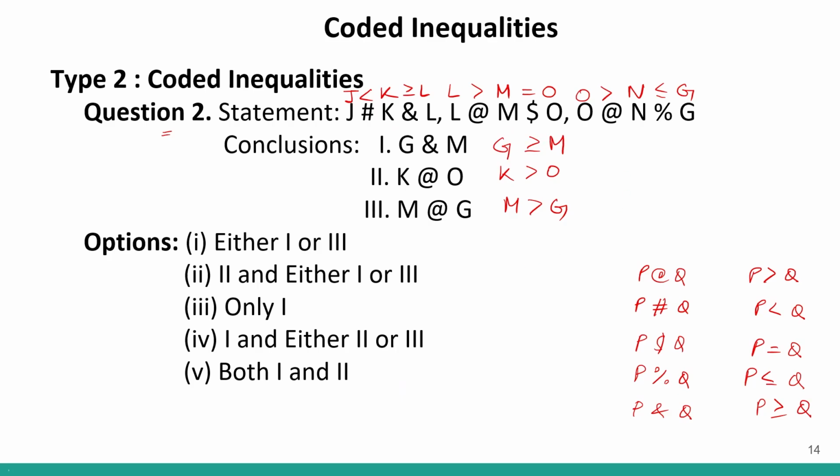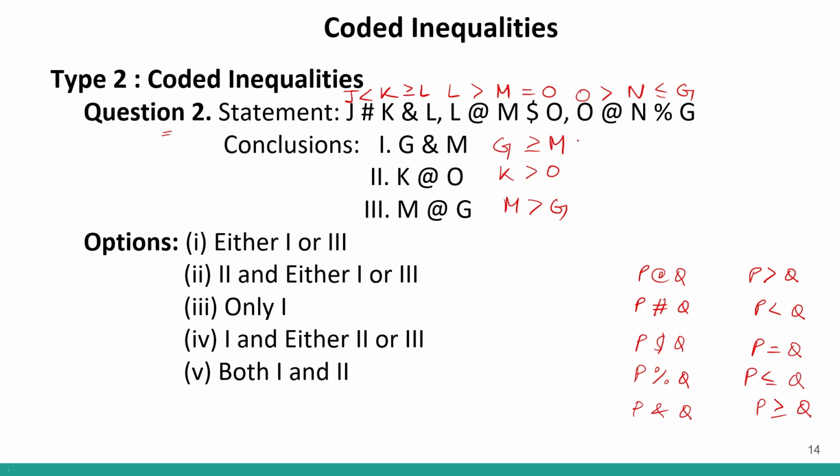Now, if I look at these options, G is greater than or equal to M. That means we have to move from G to M. So G to M. I can see G is greater than or equal to N, but I cannot see any relationship between N and M. So this is not true, or I can say this is not definitive.